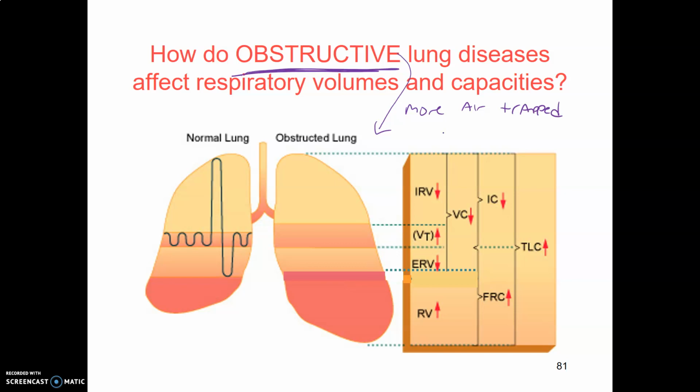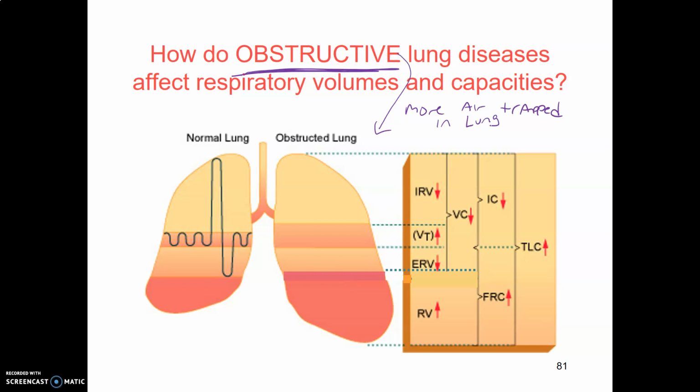So there's not really more air that can fit in. I'm guessing you guys are saying things such as asthma, bronchitis, emphysema. These would all be good examples of obstructive lung diseases.